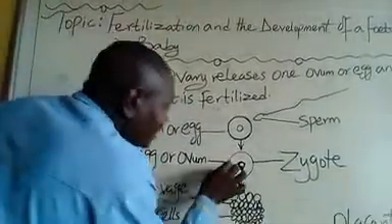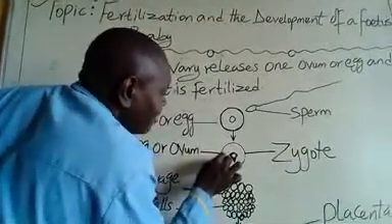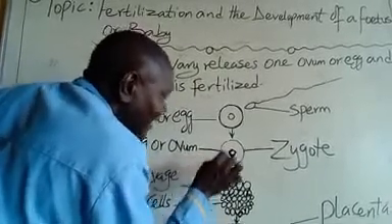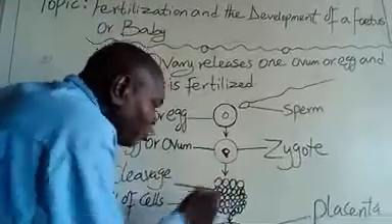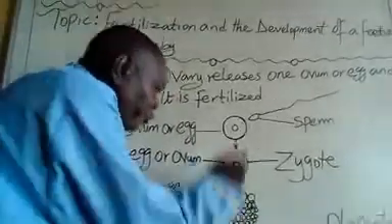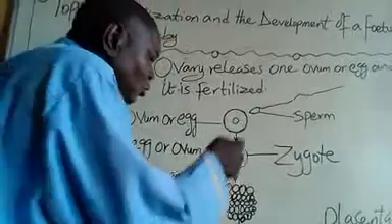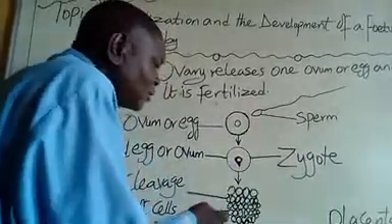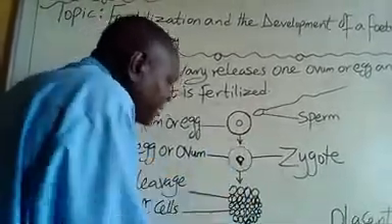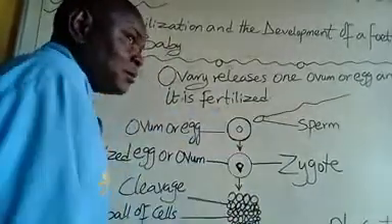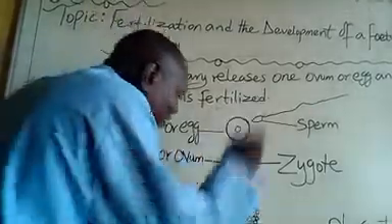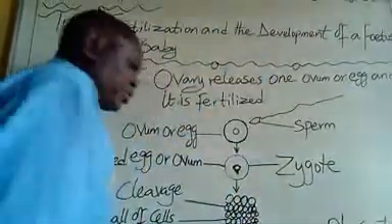Alright? This original cell, this fertilized egg or ovum, will split into two. From 2 to 4, from 4 to 8, from 8 to 16, from 16 to 32, etc. The progression here is geometric.